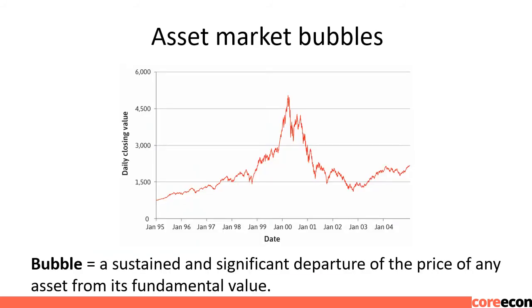Asset market bubbles. A bubble is a sustained and significant departure of the price of any asset from its fundamental value. Changes in asset prices are messages containing information about the firm's health, etc. If markets are to work well, traders must respond to these messages.